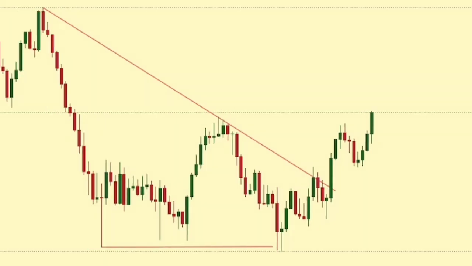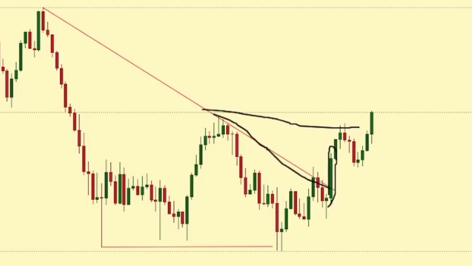So step 1, identify the base. First thing, you need to identify the base. The base na the area where price pause before this strong move to the upside or to the downside wey break trend line and structure.